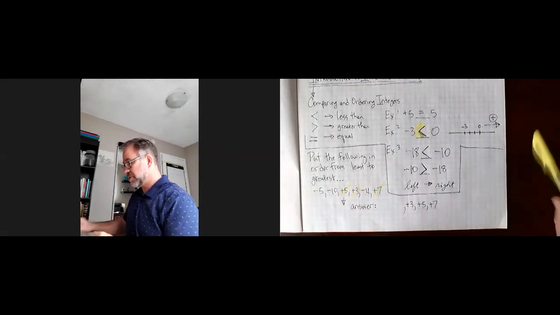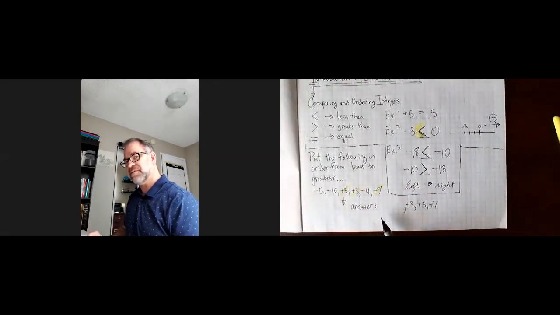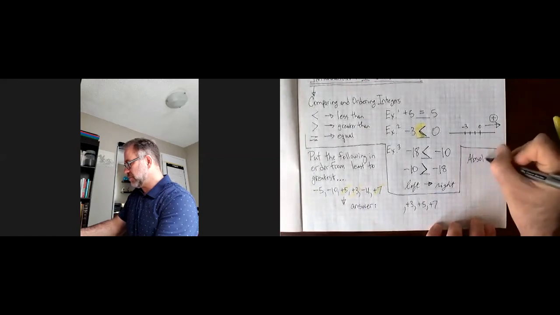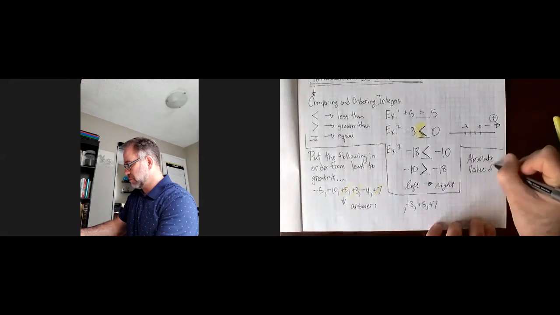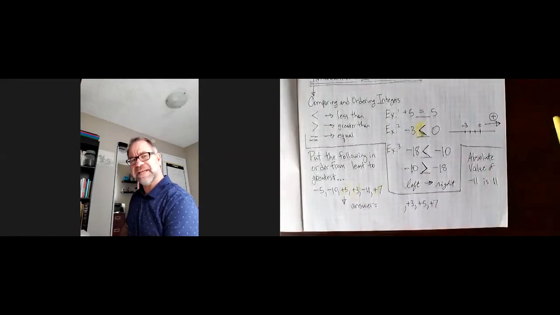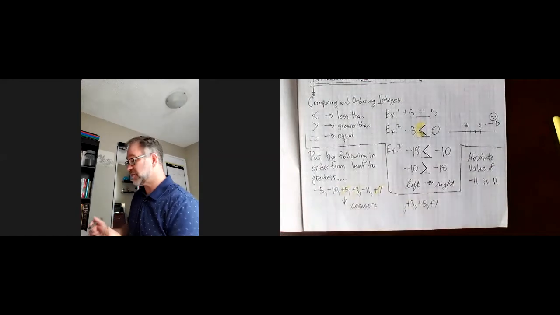And now what we're going to do is look for the number that looks the biggest without the sign. And sometimes that's called the absolute value. So the absolute value of -11 is 11. And what that means is basically how far away is an integer from 0, whether it's positive or negative.